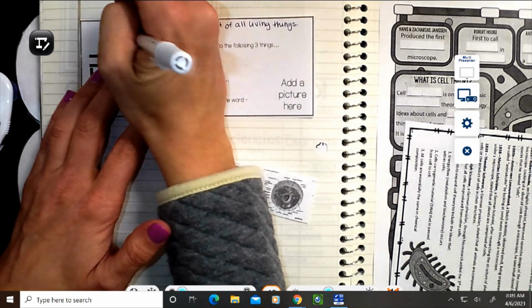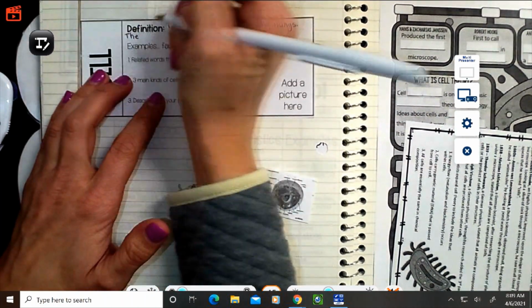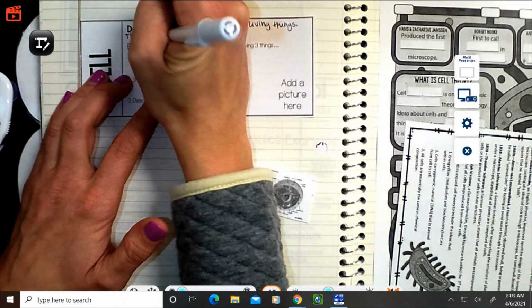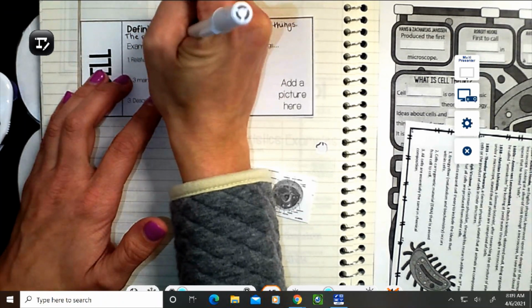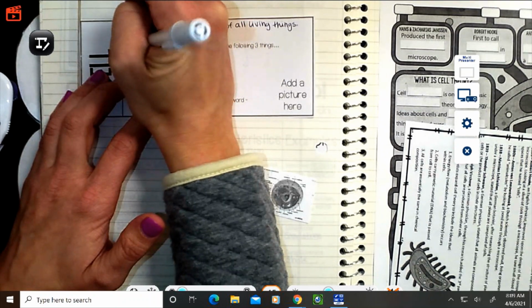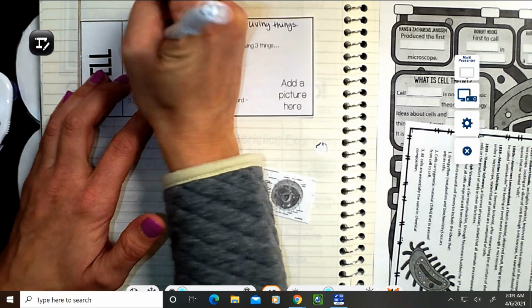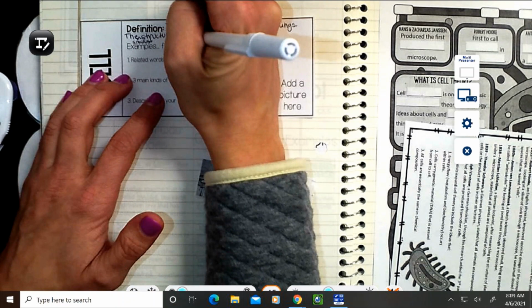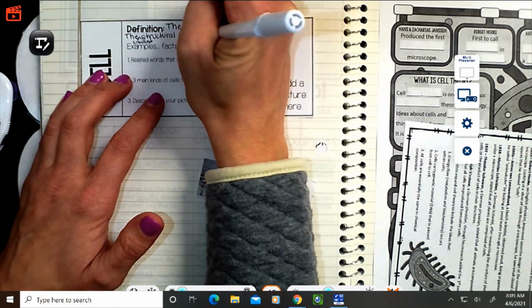Okay? So more on that, it's the structural. So remember, structure is like how things are built. Oh, the smallest structural and functional. So that's like working.